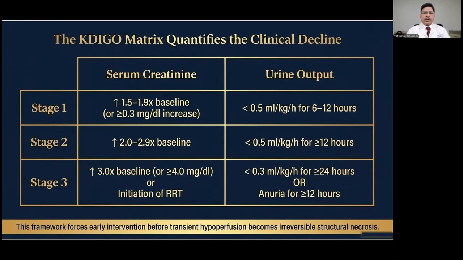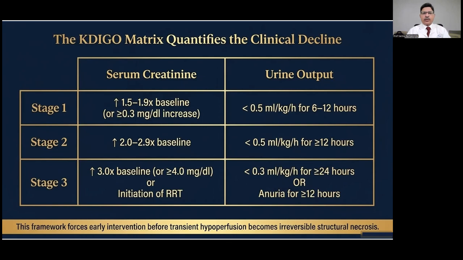Stage 3, more than 3 times the baseline or 4 milligrams creatinine or more, and initiation of renal replacement therapy, or urine output less than 0.3 for 24 hours, or anuria for 12 hours. This is to classify the clinical decline.